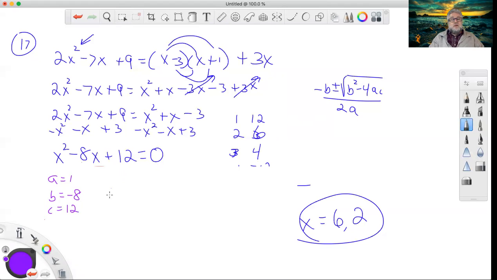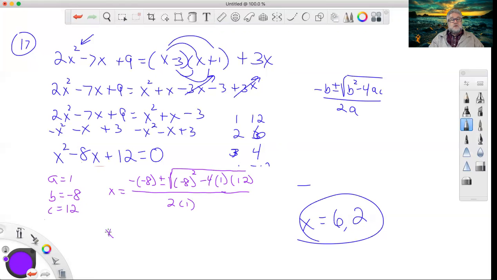Okay, so minus b, draw your long divisor line, minus b, minus a negative 8, plus or minus the square root of b squared, minus 8 squared, minus 4 times a times c, all over 2a.